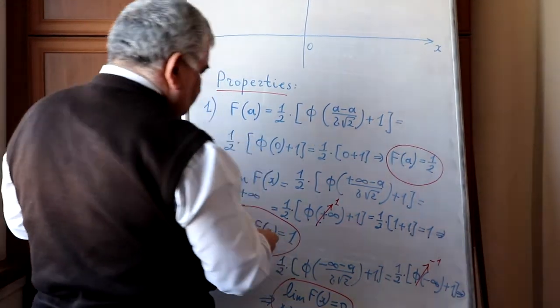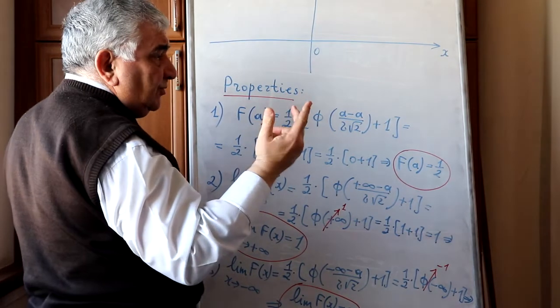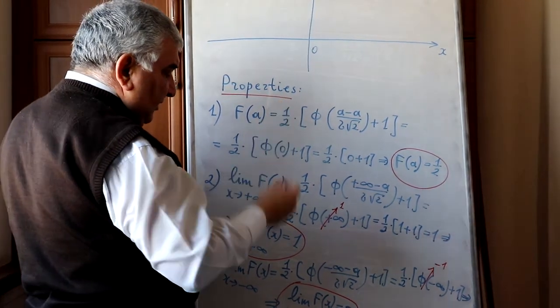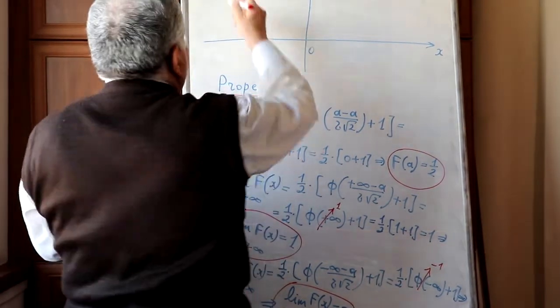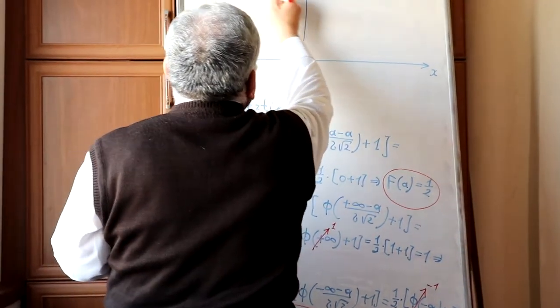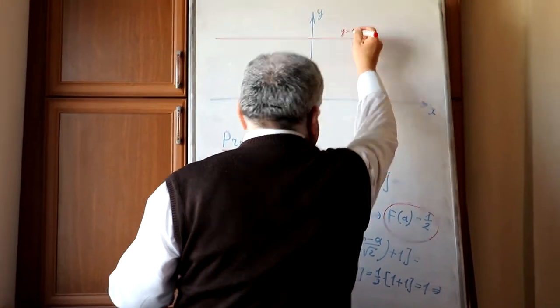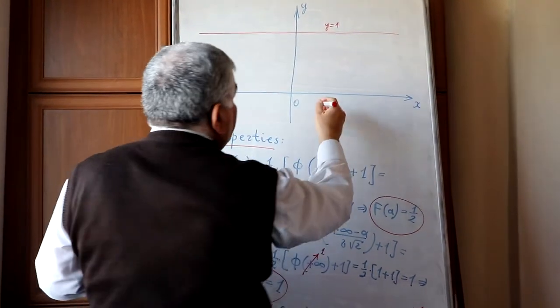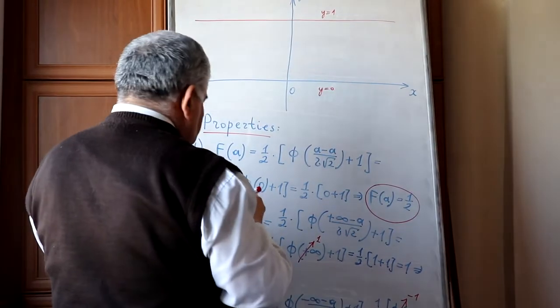Here the graph of our function has two horizontal asymptotes, y equals 1 and y equals 0. They are horizontal asymptotes.